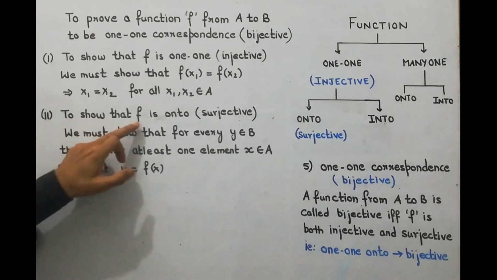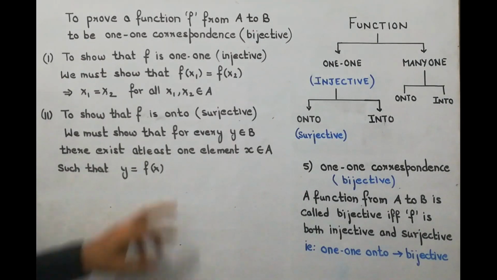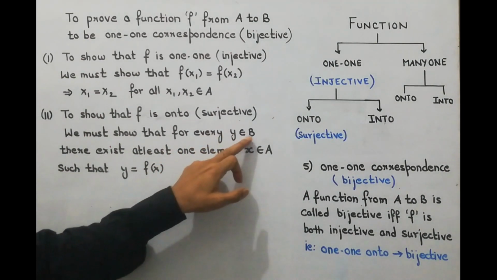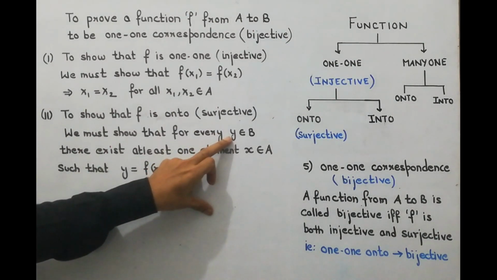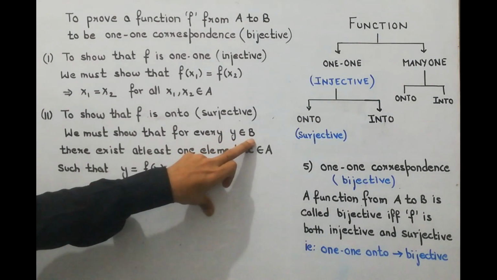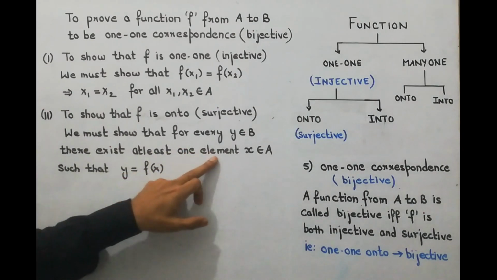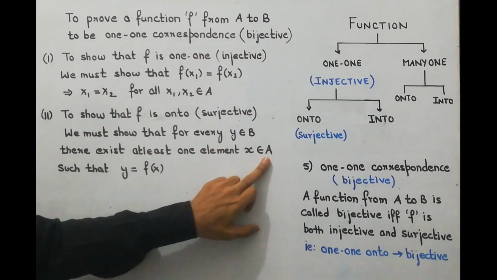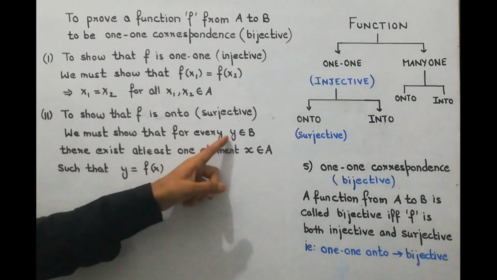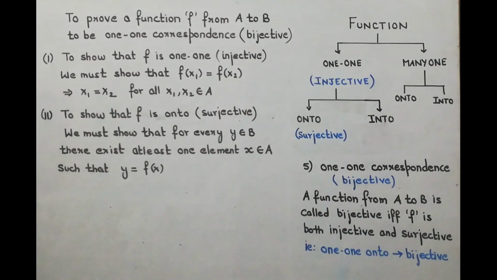Now, to show that f is onto, that is surjective, we will have to show that for every y belonging to B, every element taken from codomain, there exists at least one element x belonging to domain such that the value of y is related to x.